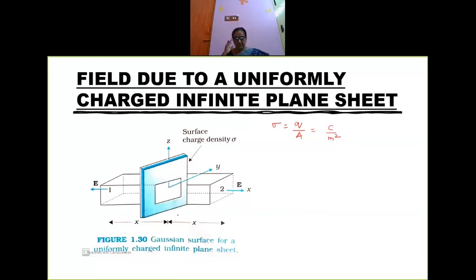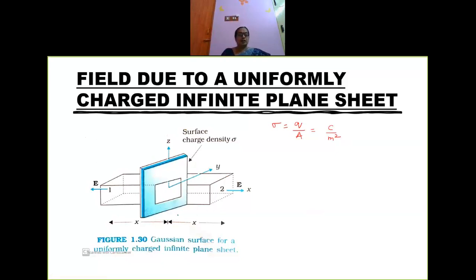So it is aligned in such a way that the plane sheet is normal to the x-axis. Clear? So the electric field due to this plane sheet will not depend on the y and z coordinates. So we'll restrict ourselves only to the x-axis, right?